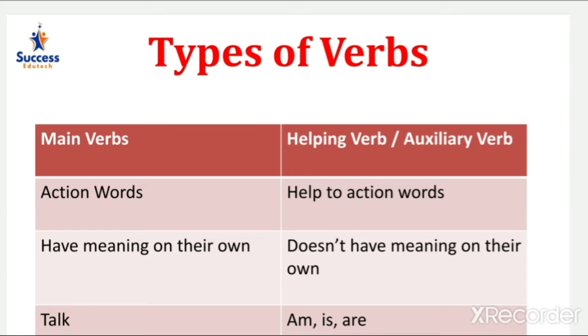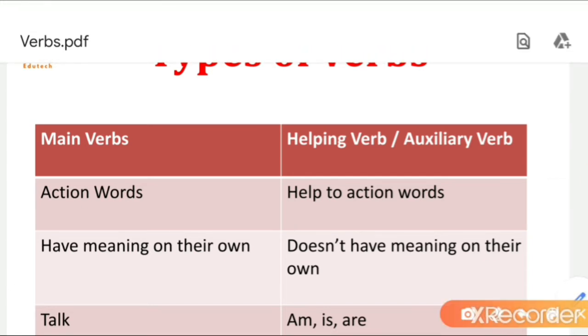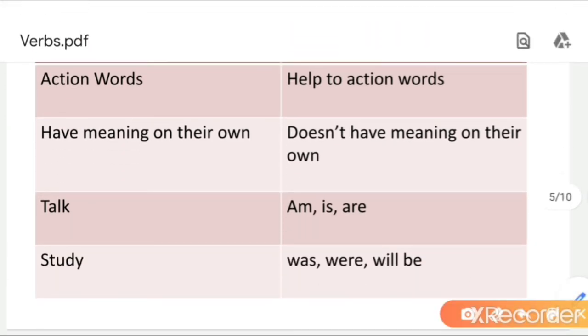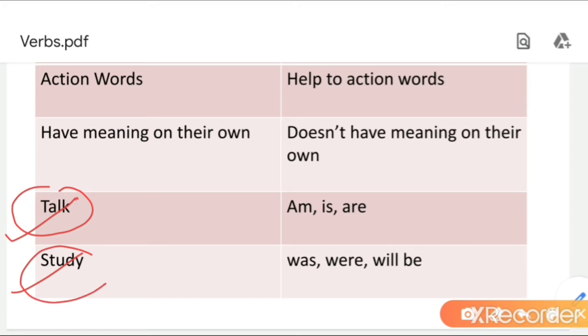Now, types of verbs. Let's move on to the first type, that is main verb. It shows an action word. It has meaning on its own. Examples are talk, study. When I use such words in a sentence, they have their meaning on their own.